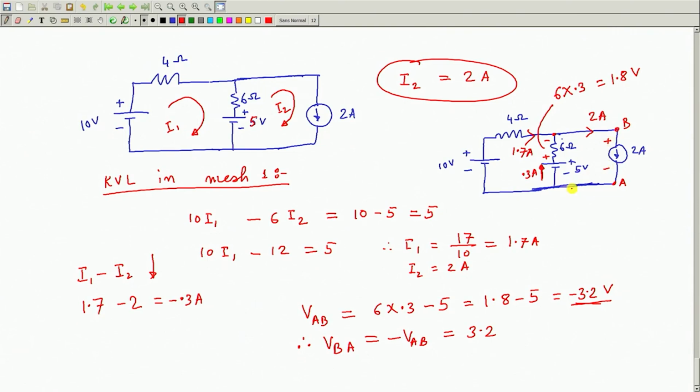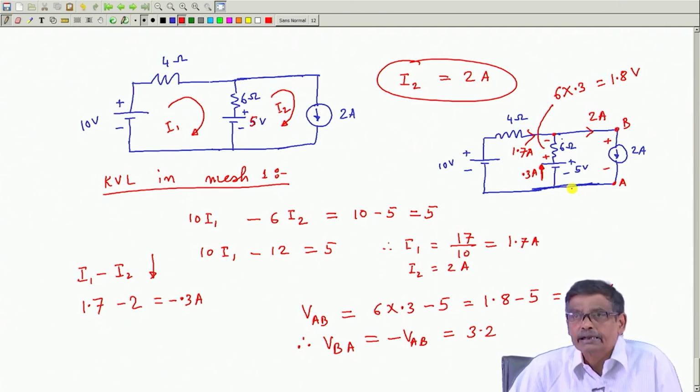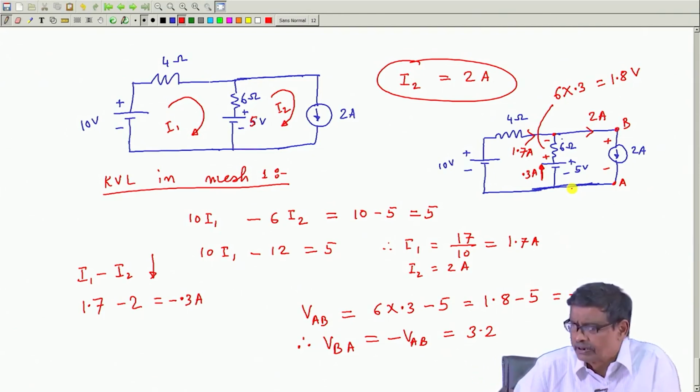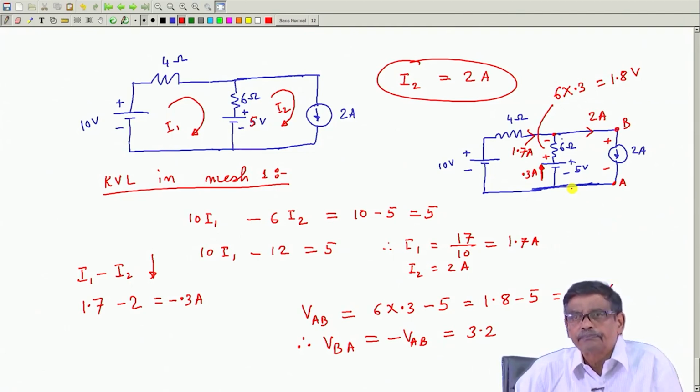I told you in the previous class that given a network, you should be in a position to calculate the potential difference between any two points of that network you like. These are very good things to know. If somebody says calculate the potential between 2 points A and B of a given network, need not be this network, what you have to do is this, solve the network.